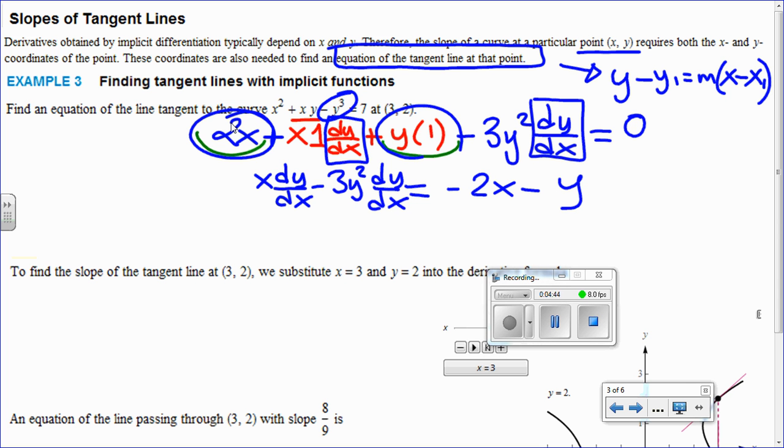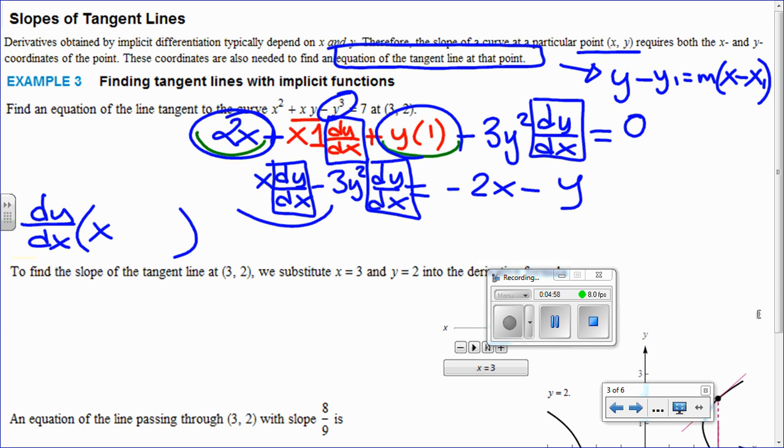And so if you notice, both have in common dy dx. So we're going to factor that out. And if we factor that from the first term, we'll get x minus 3y squared. Are we okay with that part? So we factor from here and here. Then that is equal to negative 2x minus y.